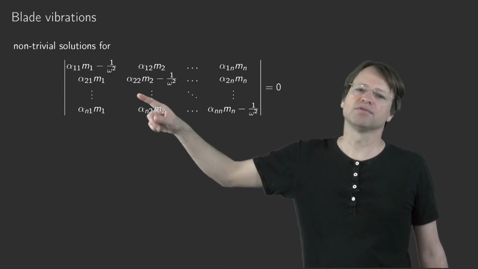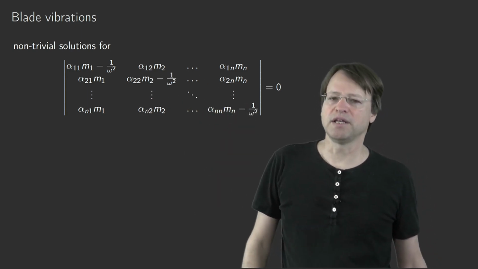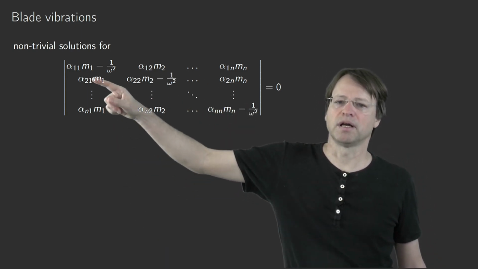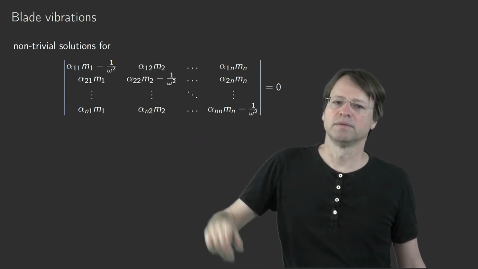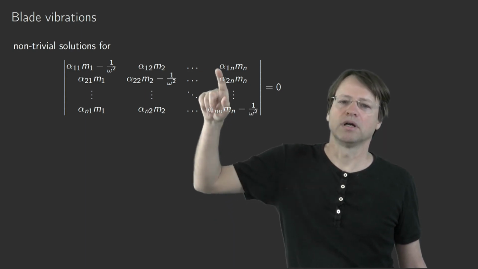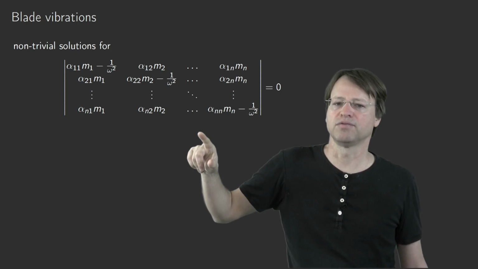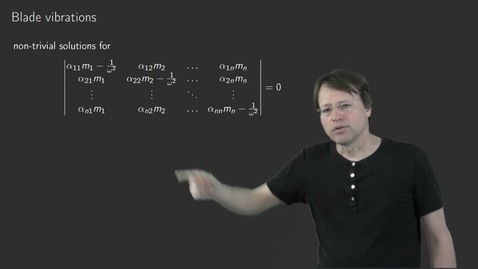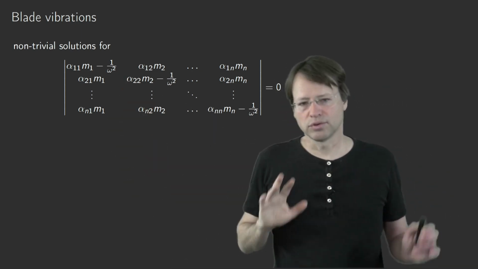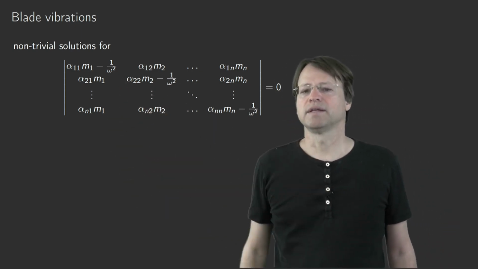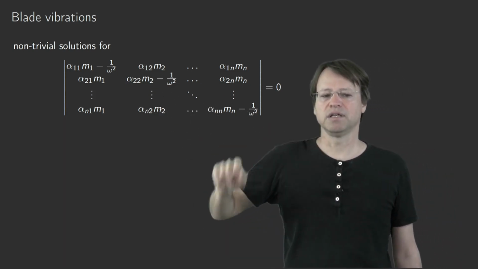In that matrix form, you will find everywhere the influence coefficients, so the matrix of influence coefficients running from alpha 11 m sub 1 in the first row to alpha n1 m sub 1, and in the nth column from alpha n1 m sub n to alpha nn m sub n. And on the diagonal, you have the restoring force terms, I could call them minus 1 divided by omega squared with the appropriate displacement. So therefore, they appear here on the diagonal.